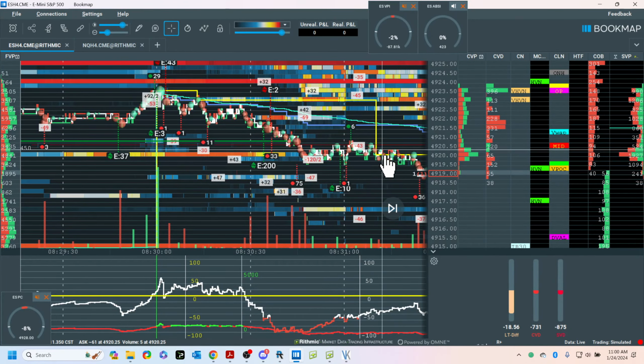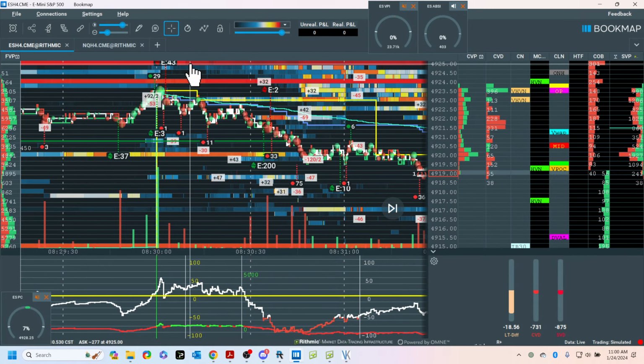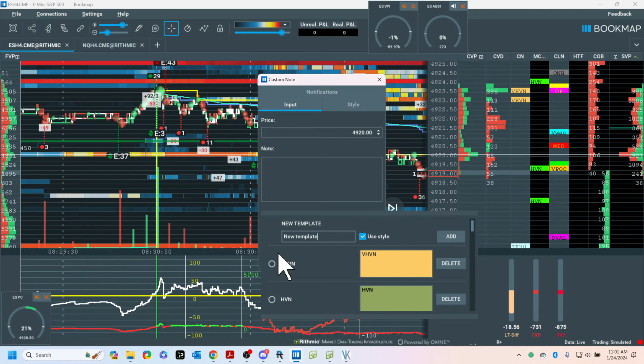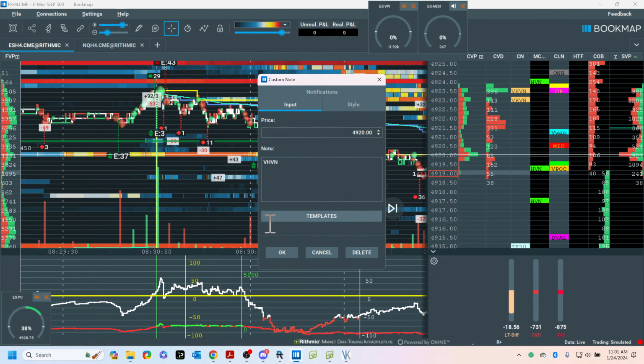So this is called VPOC migration. Remember, VPOC migration, short. What is this? VPOC migration. What might it be? How about another short? Let's label it. You'll see I'm process oriented, and it's really evolved out of system design, which is really conditional statements.